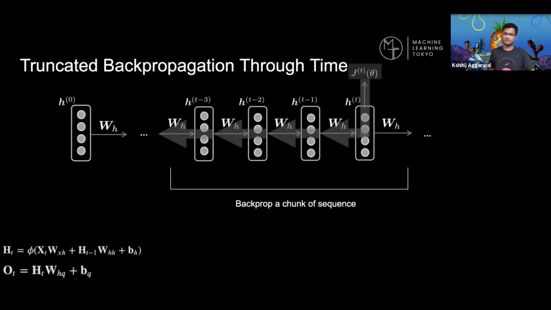And this is what is called truncated backpropagation through time. So for example, we do not propagate the gradients from this particular time t till 0. We only decide a chunk or a window.